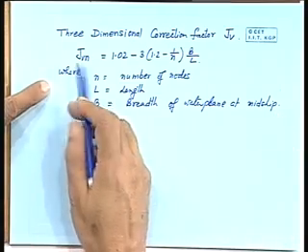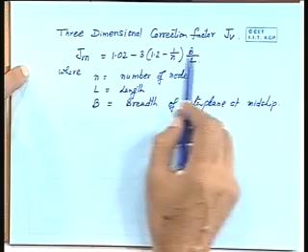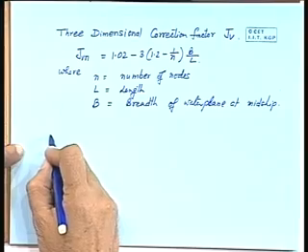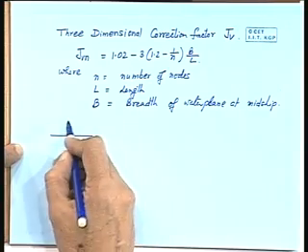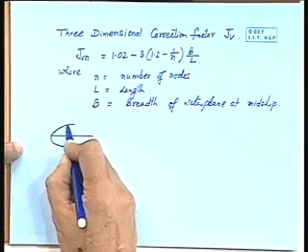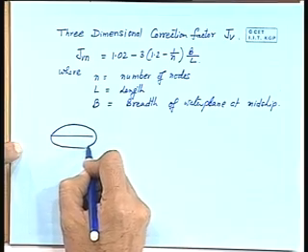This is the correction factor for a 3-dimensional cross flow, and this is the expression given for an ellipsoid of revolution. So, that means you take an ellipse, the cross section is something like this.